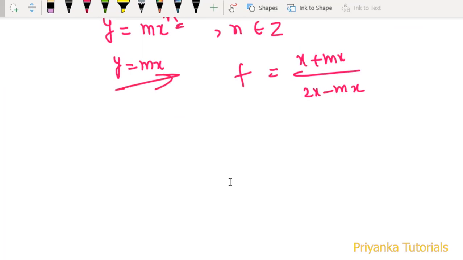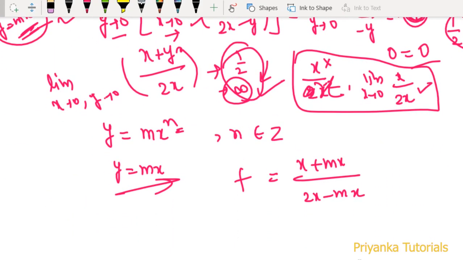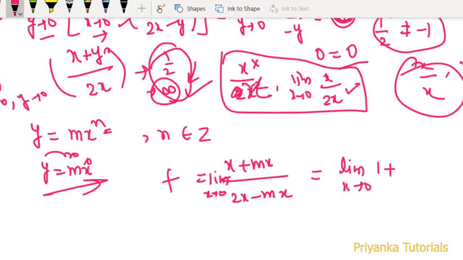Why are we doing this? So that our function of two variables or more than two variables can be changed into a single variable. Right? Now I have changed this into a single variable, as y is 0, and that means according to this path x is also 0. Solve this one.